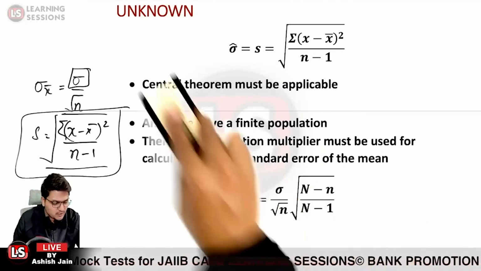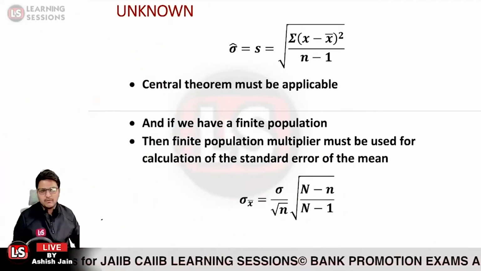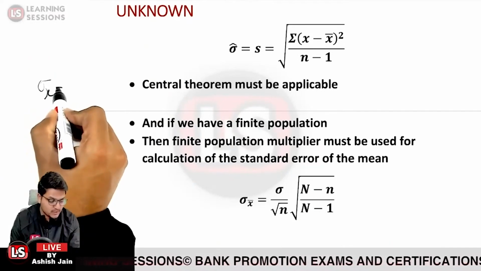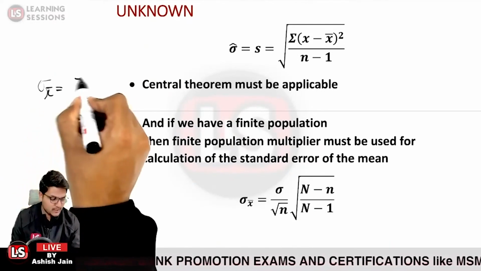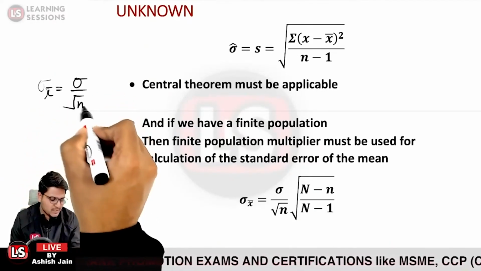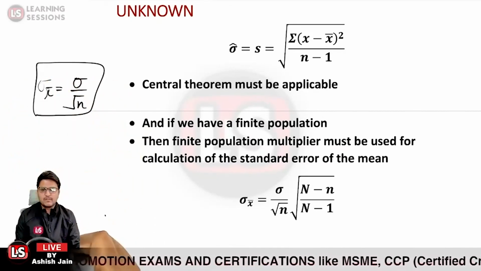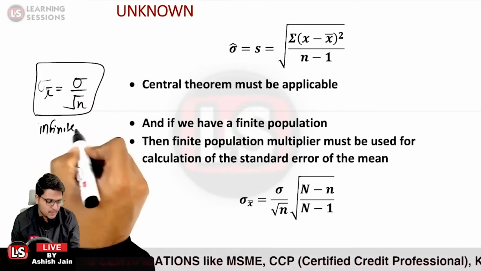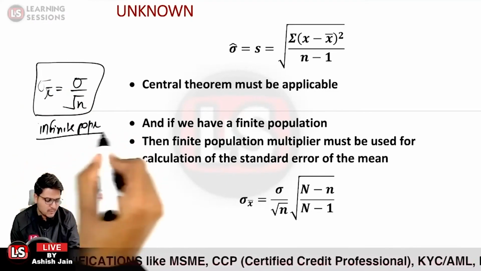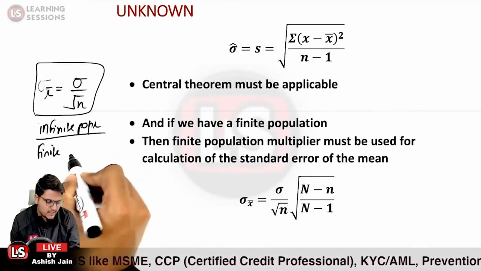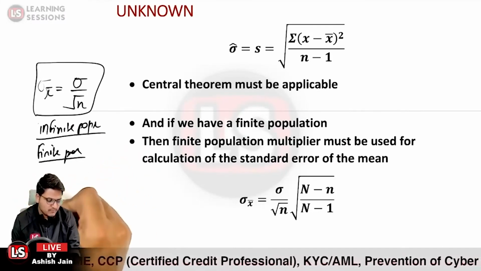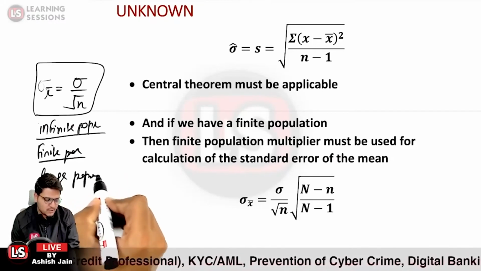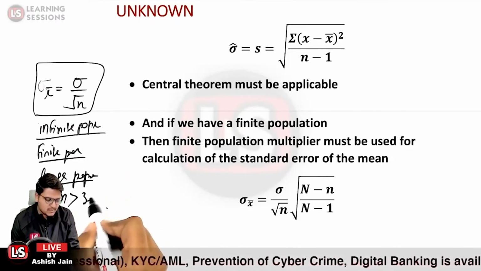So what are the different scenarios that we have covered? Let me tell you again, because it's quite confusing when we will be calculating it. Sigma x bar equals sigma over the square root of n. When will this formula be used? When we are having an infinite population, or a finite population but with replacement, or a large population, and the sample size taken is greater than 30.